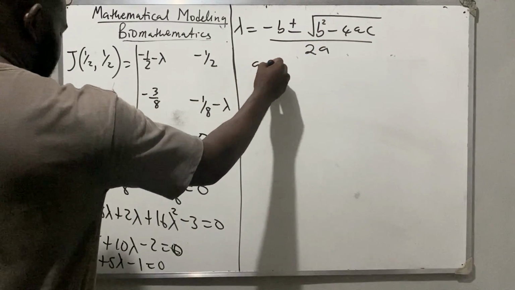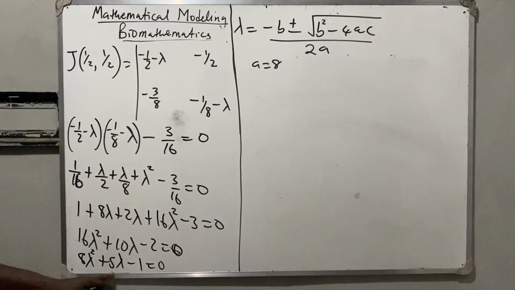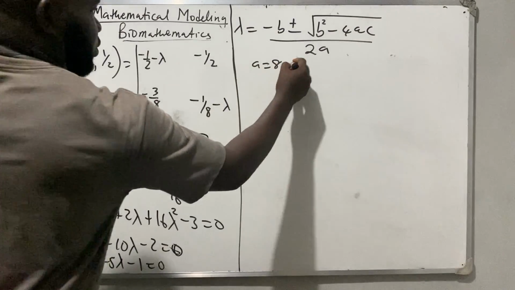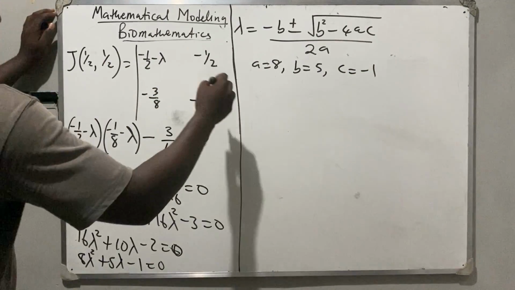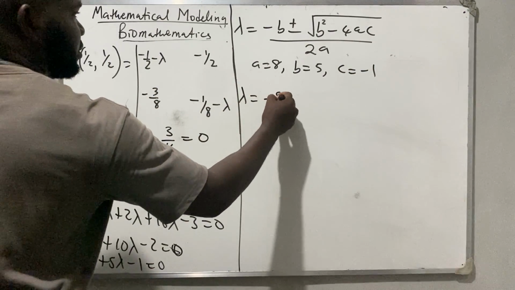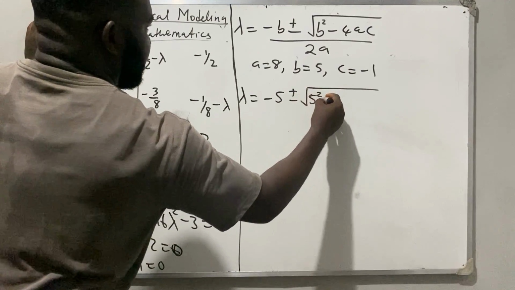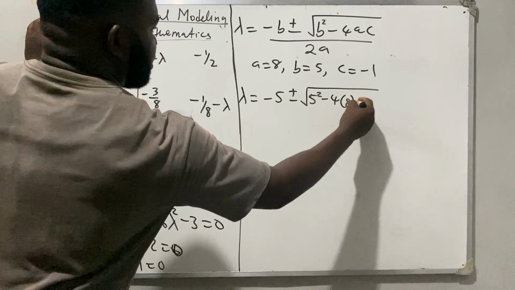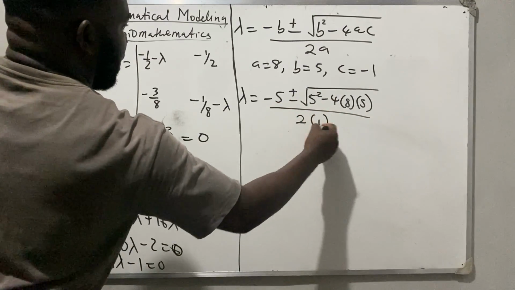So from here, our a is equal to 8, our b is 5, and our c is minus 1. So we have that lambda is equal to minus 5 plus or minus the square root of 5 squared minus 4 into 8 into minus 1, then everything over 2 into 8.